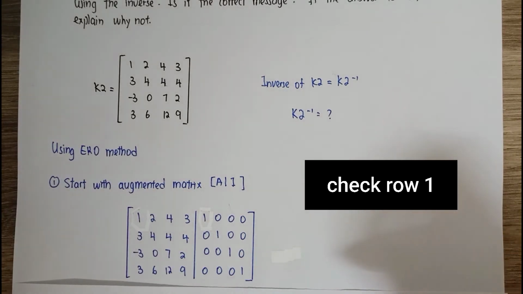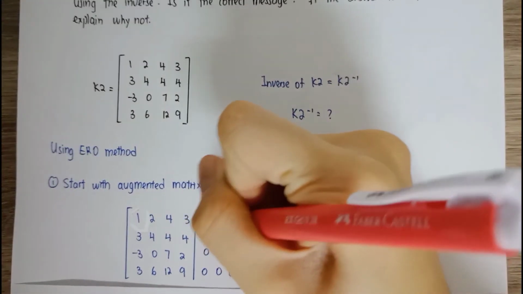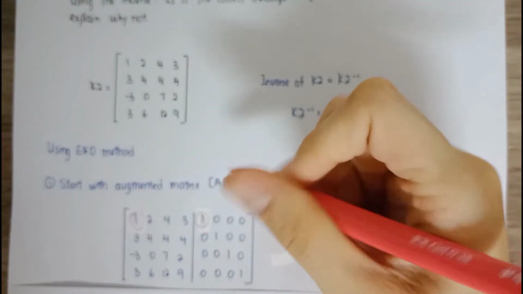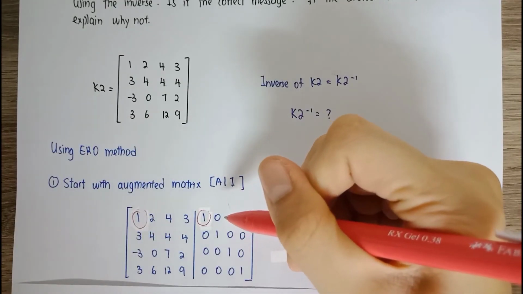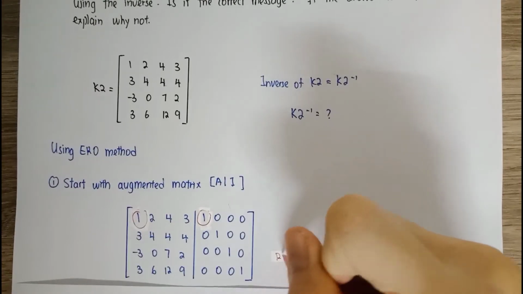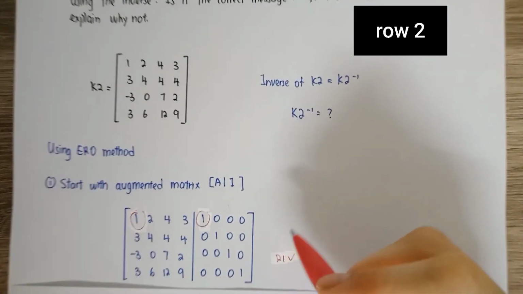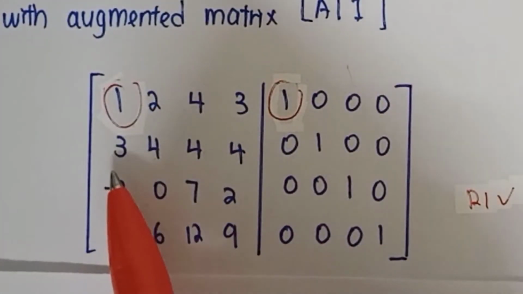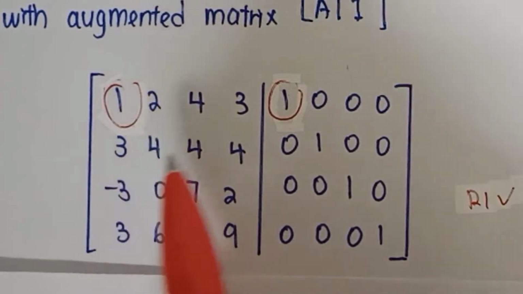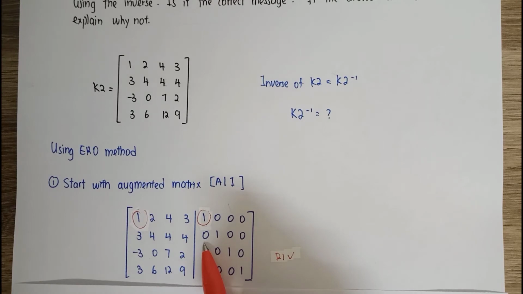So we check row 1. Row 1 we want to change to the number 1, so row 1 is checked. Next we move to row 2. In row 2 we want to change the number 3 to 0. So we must find the row that can let the 3 become 0.